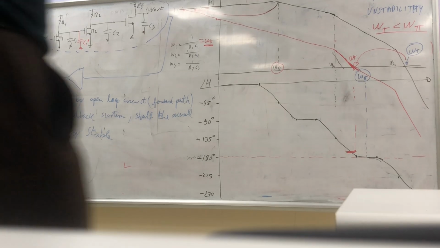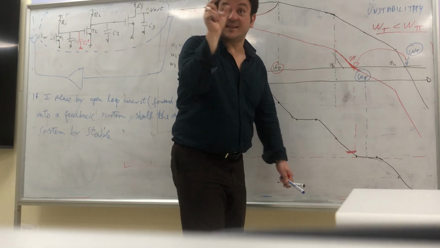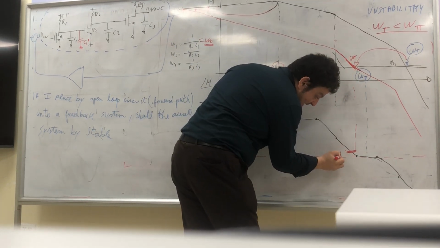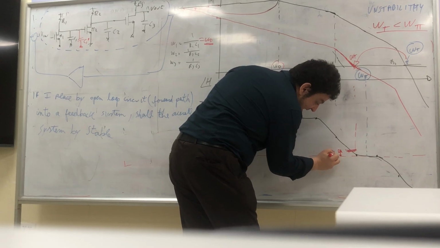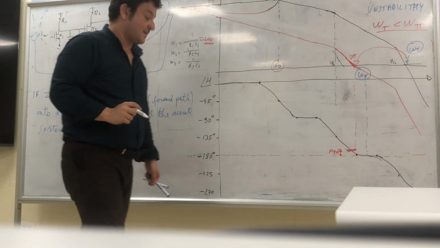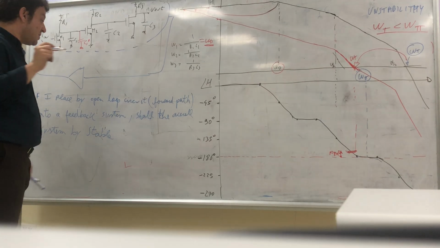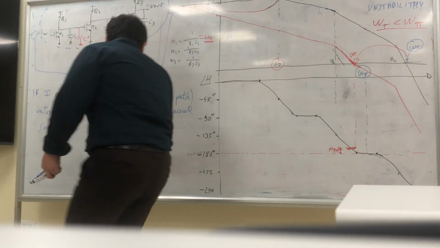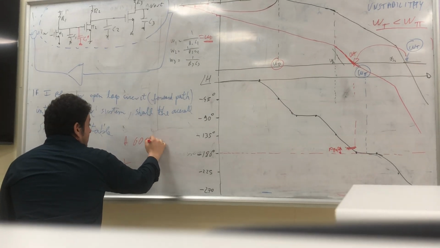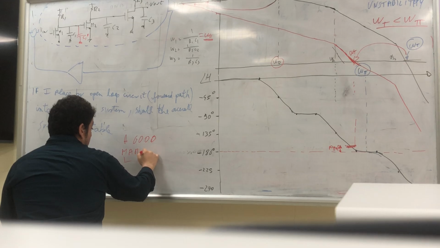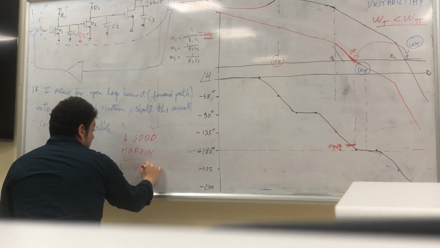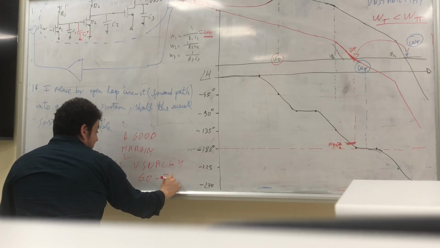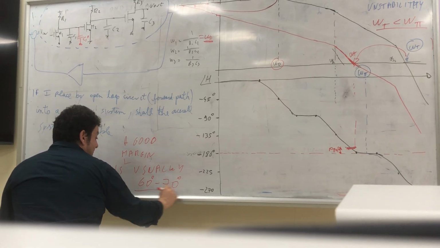So, actually, now the distance between this and the 180, this is called phase margin. A good phase margin is usually around 60, 70 degrees.